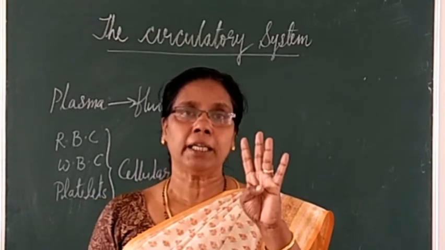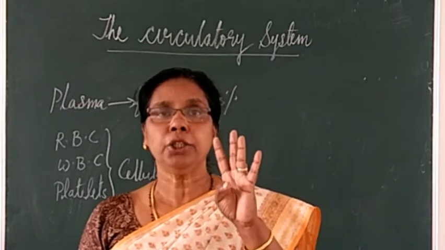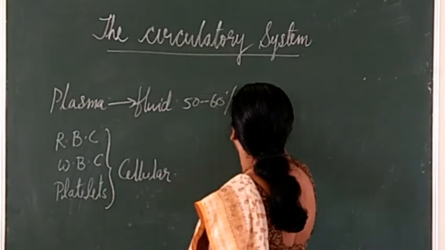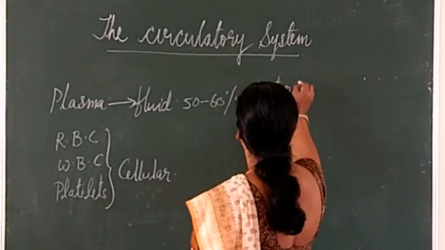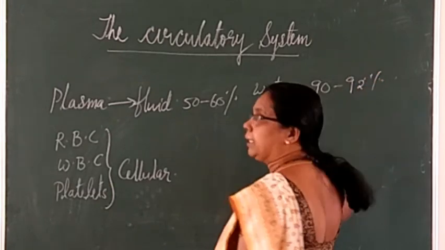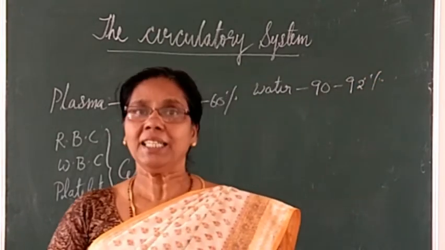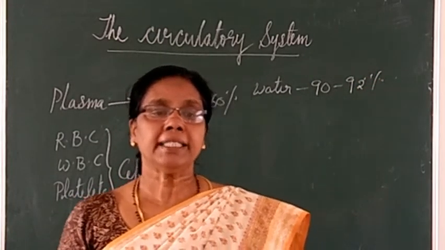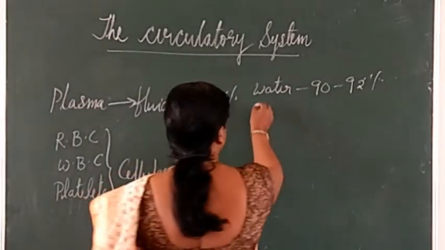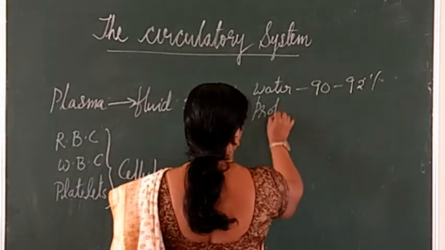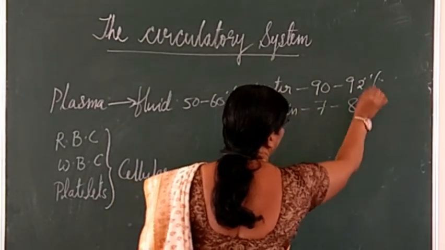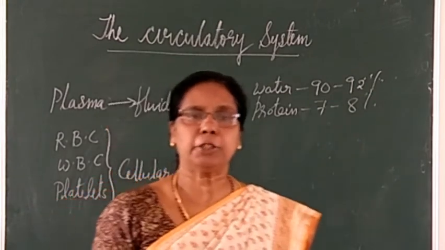One is water. So nearly 90 to 92% is water present, that makes it fluid. Okay. Then next one is protein. 7 to 8% of protein is present in the plasma.